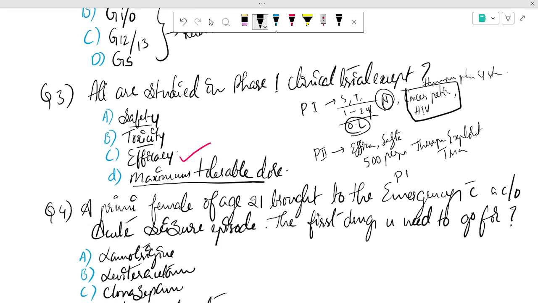Now coming to phase 3, this is the main important trial, that is the marketing trial. After the clearance of phase 3 only, you will go for marketing, right? Then we do something called post-marketing surveillance also. And we have one more phase, that is phase 0.